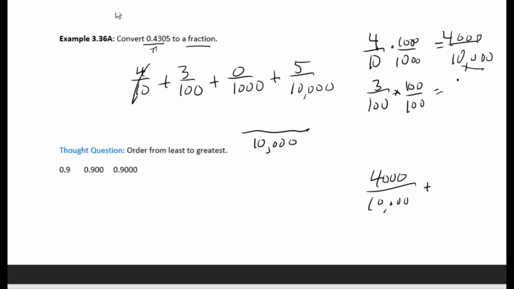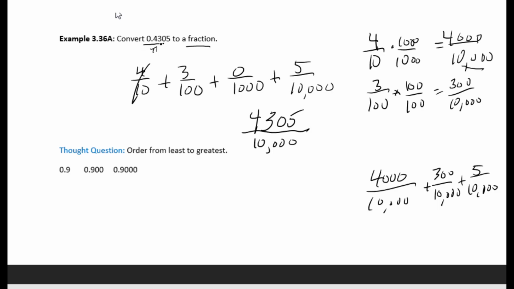So I get 300 10,000ths. Put that here. And finally, I have 5 10,000ths. And I'll put that there. So I got 4,305 10,000ths.